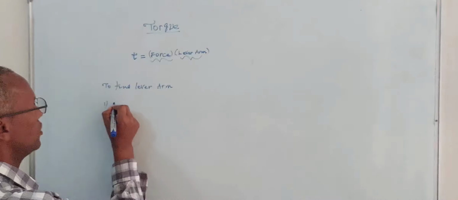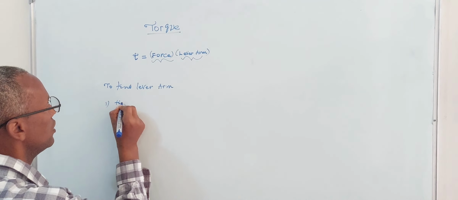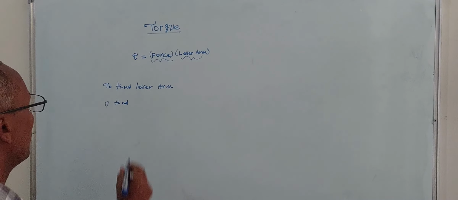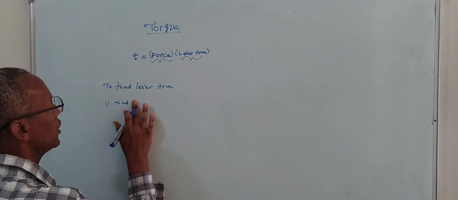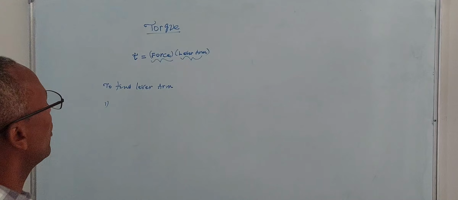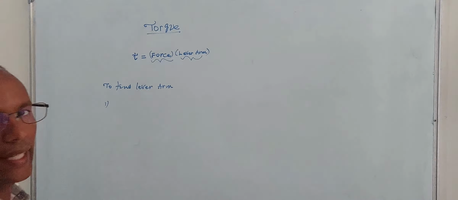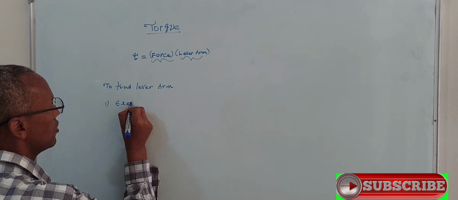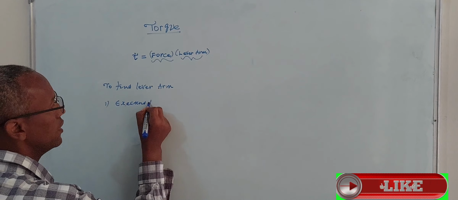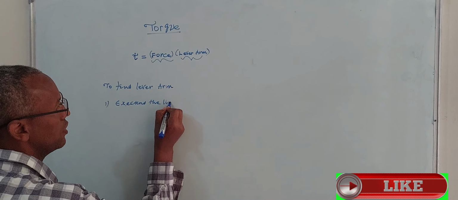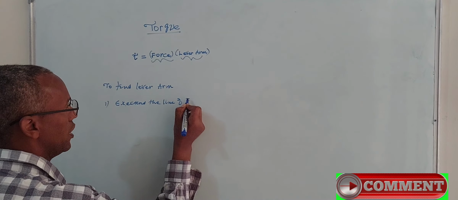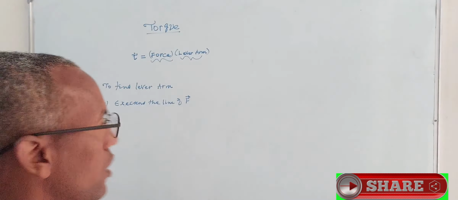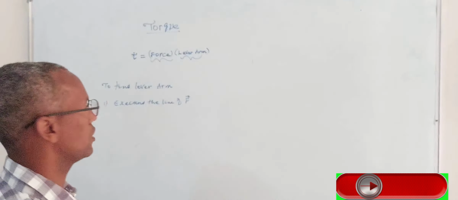One is to find the shortest distance, or what you need to do is extend the line of force F. Okay, extend the line. I will show you what that means within a few minutes.